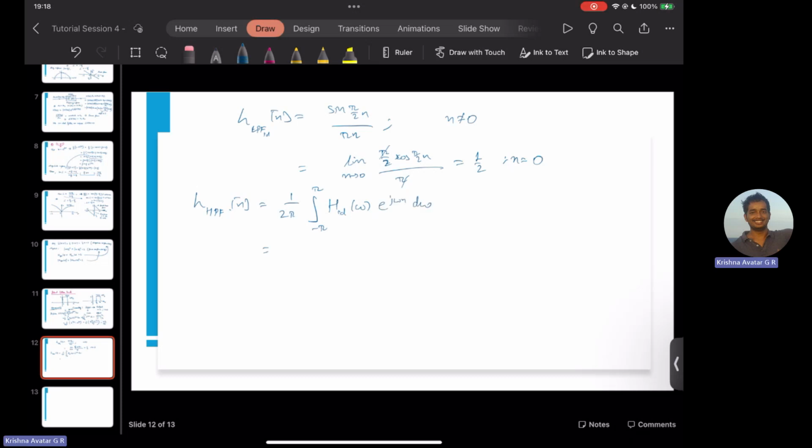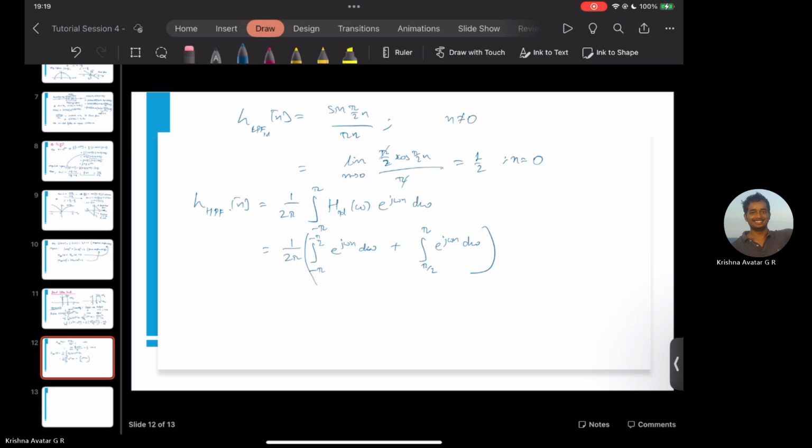And this was for the HPF, corresponding to the high pass filter. So we have 1 by 2 pi, and this expression is going to be valid only for minus pi to minus pi by 2. You will have this into this. This gives us the value of the frequency response to be 1, e to the power j omega n d omega, plus pi by 2 to pi.